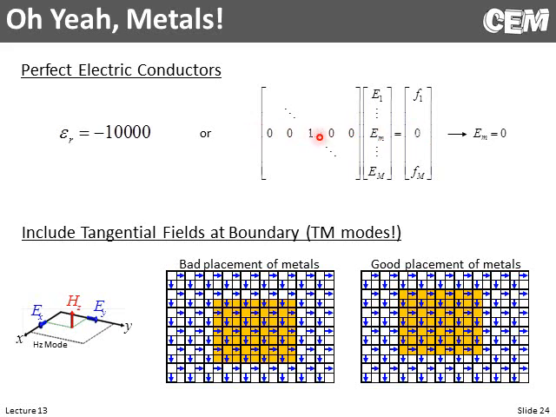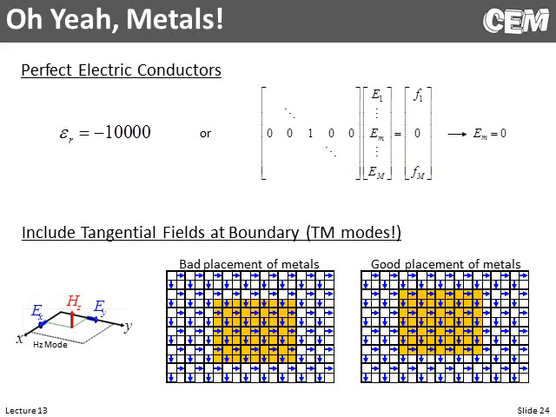So this entire equation now just reads that that particular electric field is set to 0. So we replaced whatever finite difference equations in that row with a new equation just setting that field to 0. I think it's still a little bit easier just to set the dielectric constant to something ridiculously large and negative.